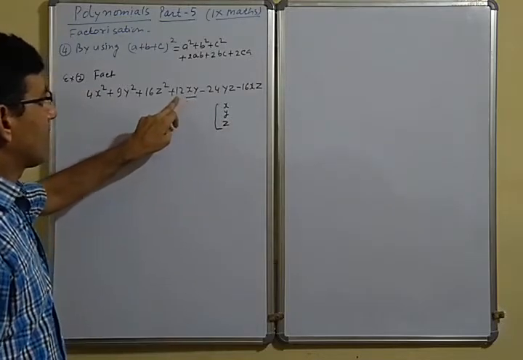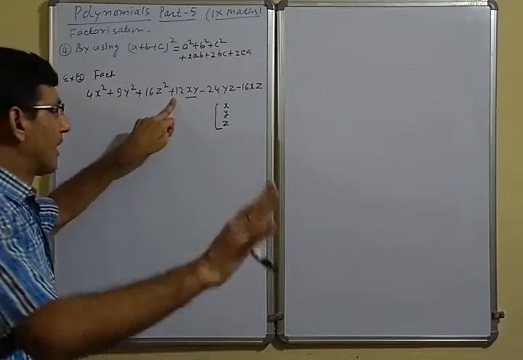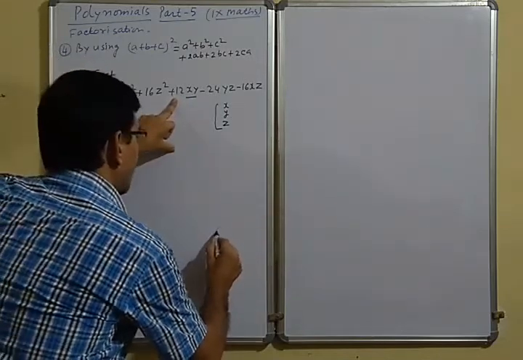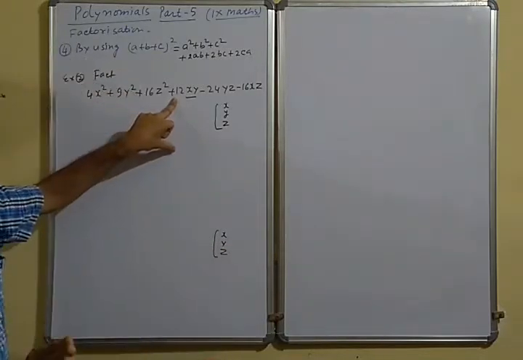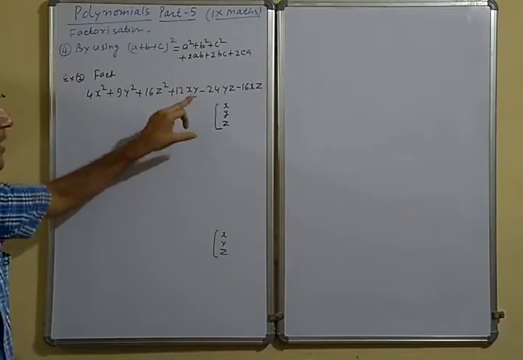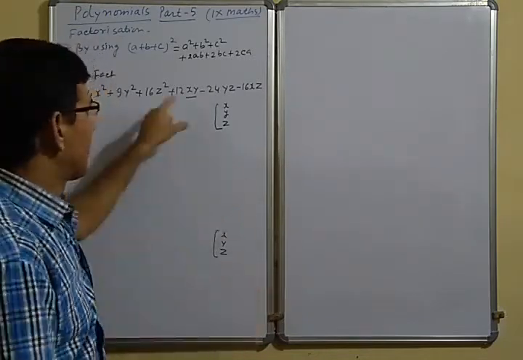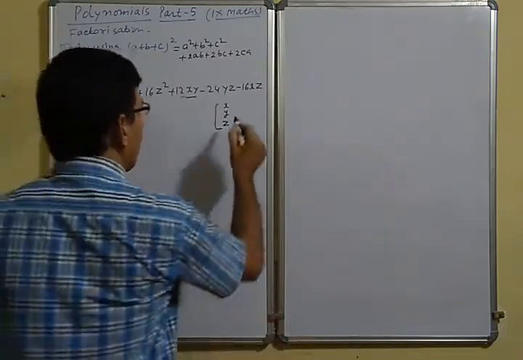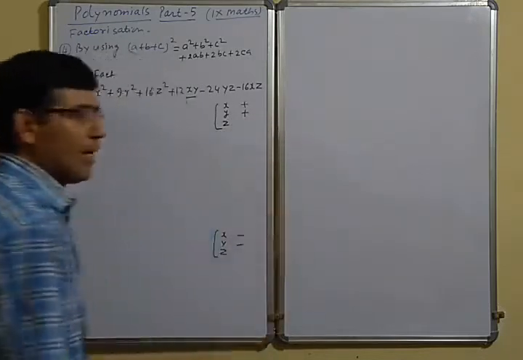Product of x, y is plus. So that means either both are positive or both are negative. So take two different methods. In one we'll take one side and in the other a different side. So x, y either both are positive, so positive into positive becomes plus. And if you take both negative, then their product becomes plus. So we have taken x as positive and y as positive, and here we have taken both as negative.